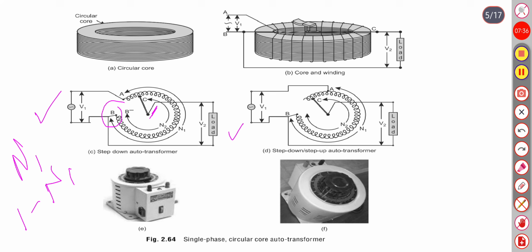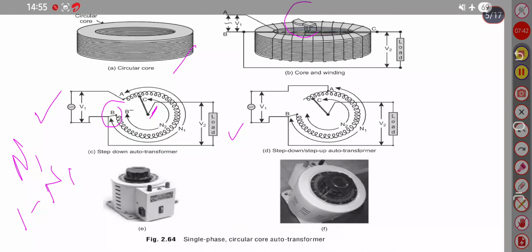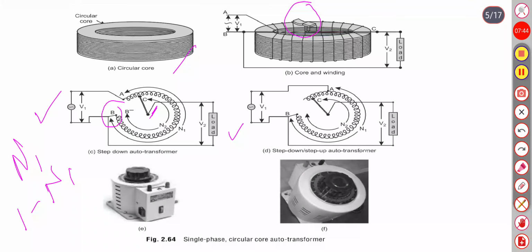Here this is the circular core and this is the pointer for the secondary winding. Here the N2 turns of the secondary winding are less than N1.